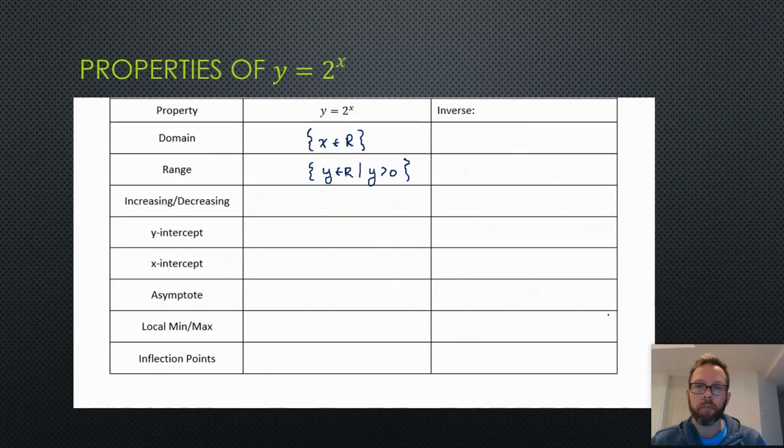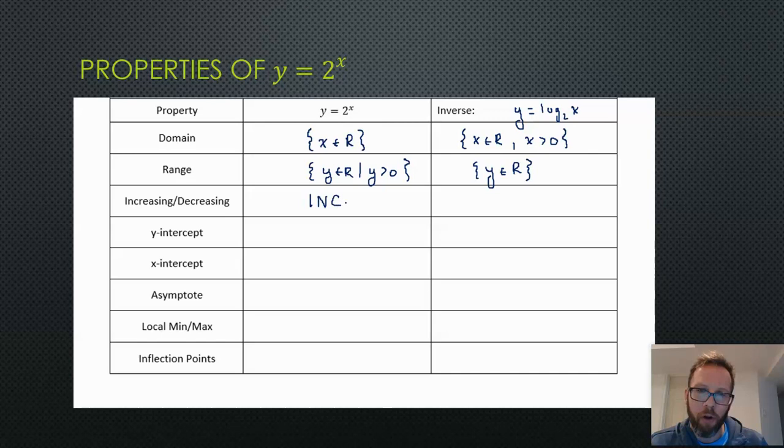So for the inverse, y equals log base 2 of x, the domain is x is any real number greater than 0. The range of this function is y can be any real number.